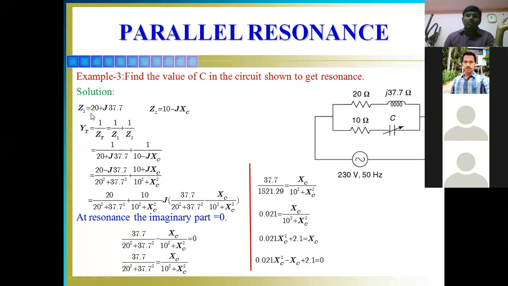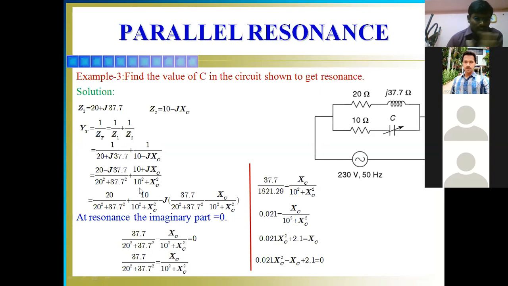Z1 is equal to 20 (R) plus jXL, j37.7, whereas Z2 is equal to 10 minus jXC. Therefore YT is equal to 1 by ZT, so 1 by Z1 plus 1 by Z2. Then substitute Z1 and Z2 here: Z1 is 20 plus j37.7, Z2 is 10 minus jXC. You simplify, rationalize it and separate the real and imaginary parts.